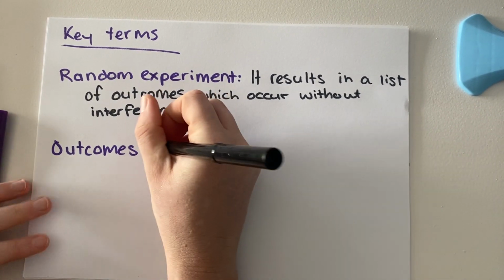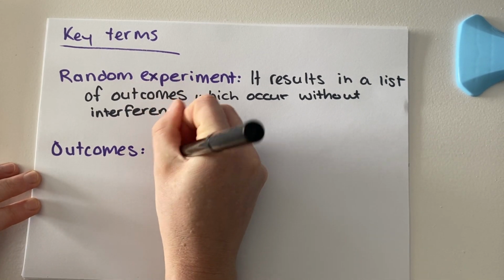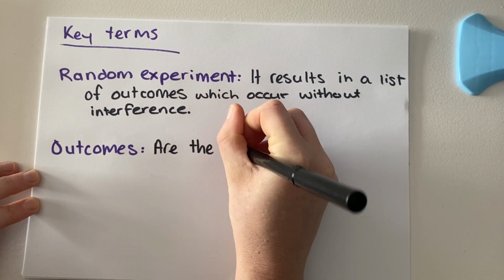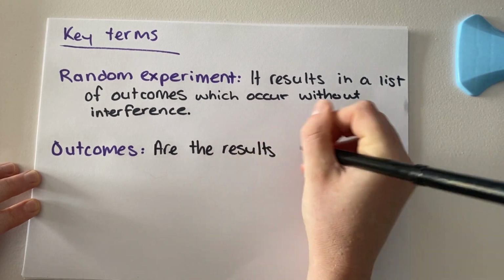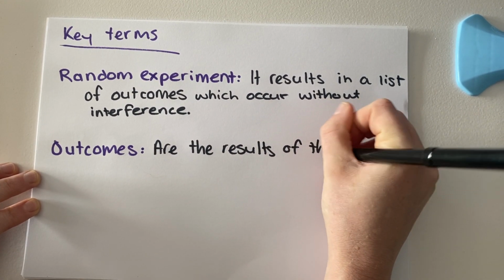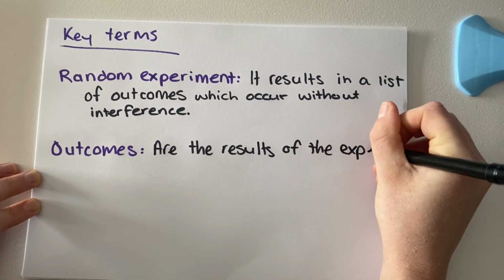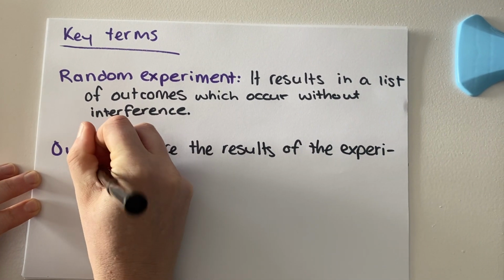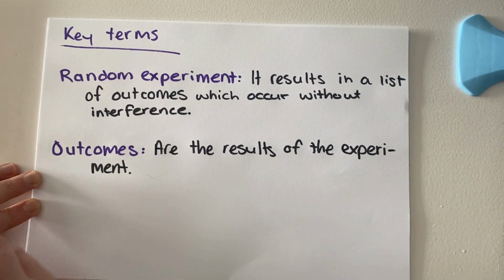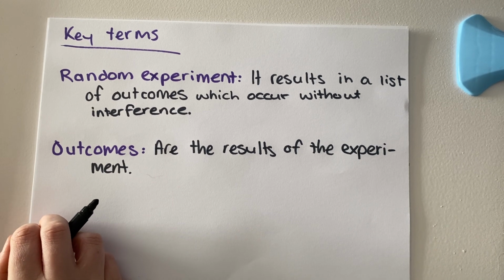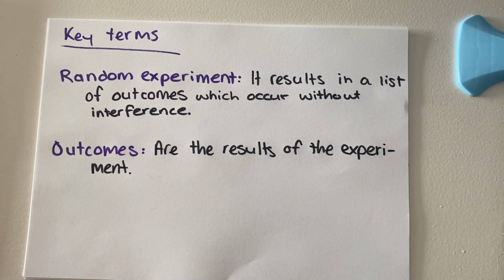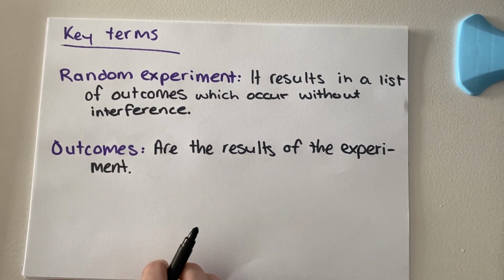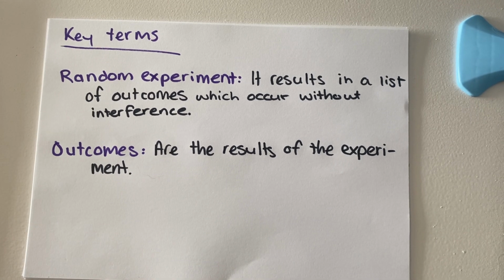they're the results of the experiment. So we can sort of predict the outcome. When you toss a coin, you know you're going to get heads or tails.